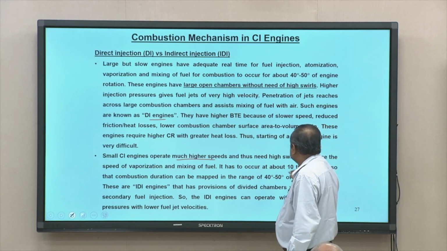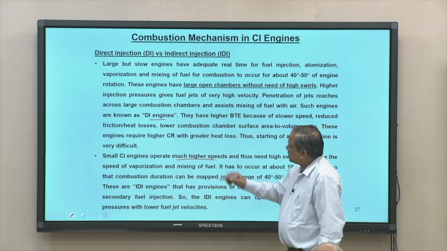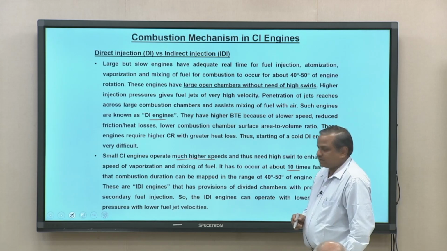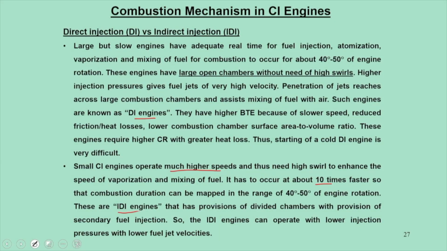And when you have this artificial turbulence, you get a similar effect to what you need for a higher speed. Those are called indirect injection engines, which means initially there is a fuel injection, and side by side we also evolve multiple injections simultaneously.